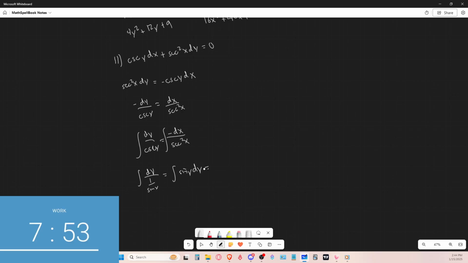Sine of y, which in turn will turn into negative cosine. Let's just move this up here. So we got negative cosine of y equals negative, let's write this as 1 over cosine of x, which in turn we can flip it over.